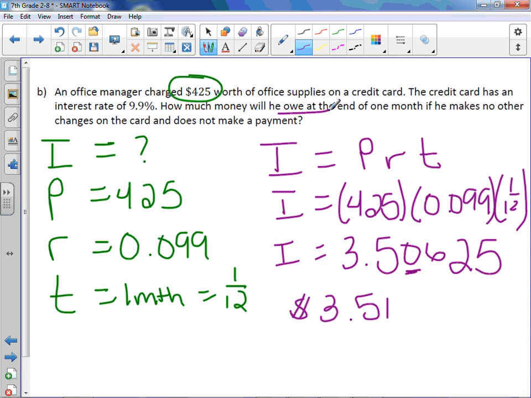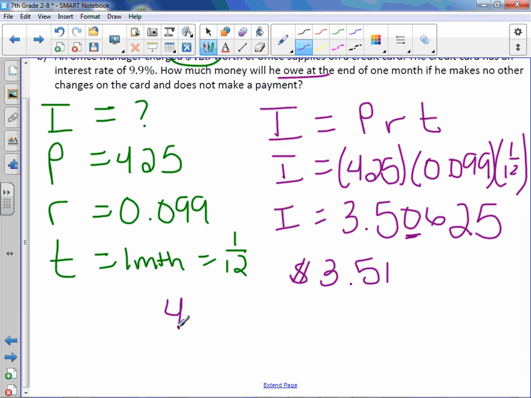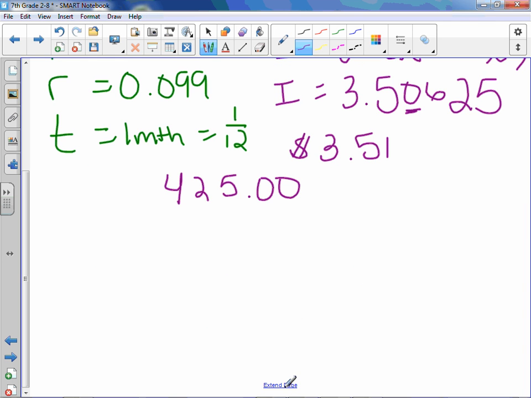He never made a payment. It said he does not make a payment. So he still owes the $425 in addition to the $3.51 interest.